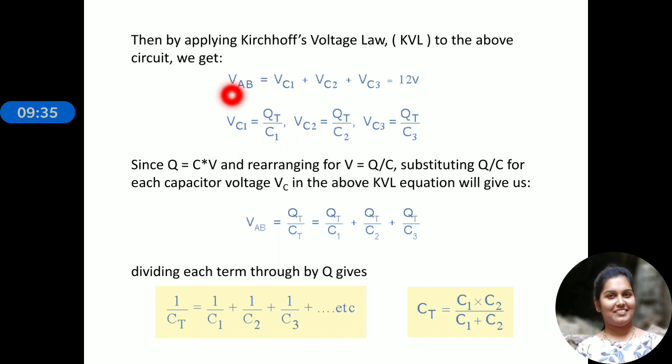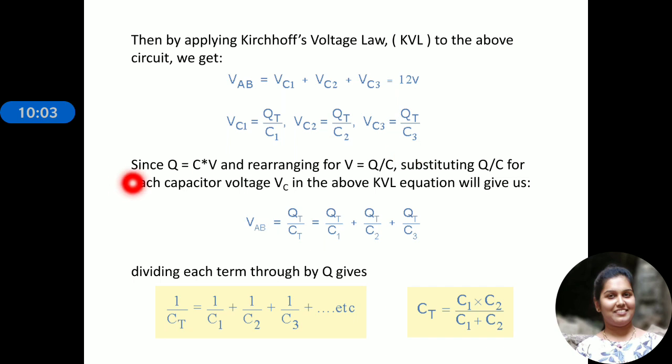So the voltage across C1 can be written as VC1 is equal to QT by C1. VC2 is equal to QT, total charge, divided by the capacitance value of the second capacitor. VC3 is equal to total charge divided by capacitance of the third capacitor.